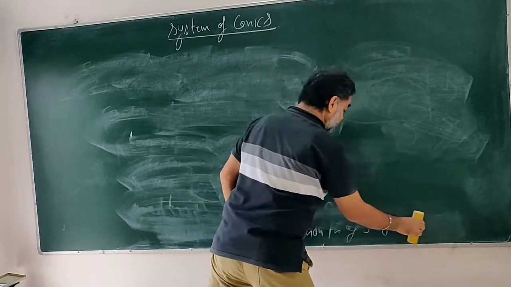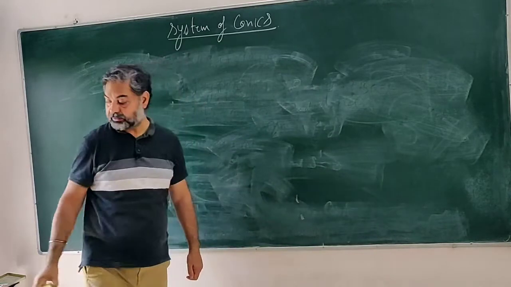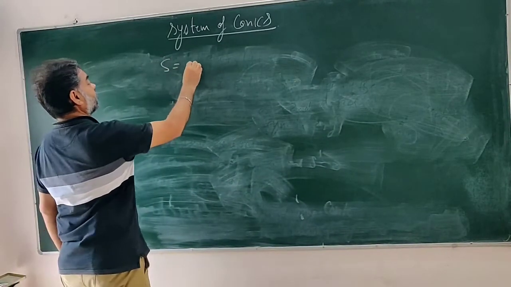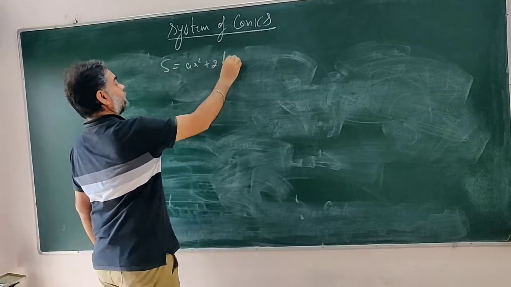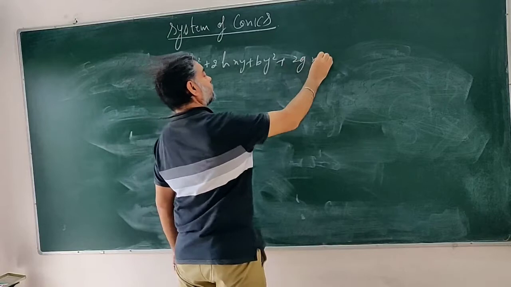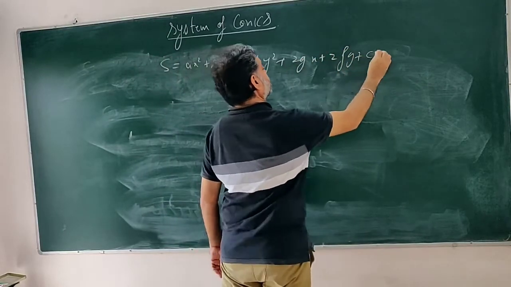In how many points do two conics intersect? Suppose we have one conic S equal to ax square plus 2hxy plus by square plus 2gx plus 2fy plus c equal to 0.